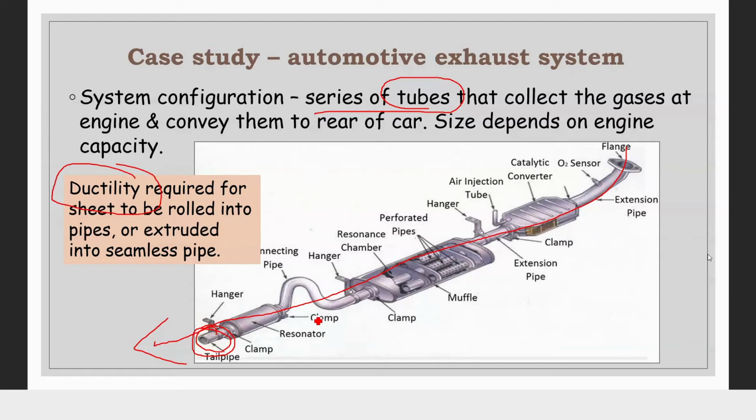Okay. Dan satu lagi limitation adalah kereta adalah in a moving vehicle. So bila moving vehicle, dia akan subjected to fatigue. Okay, sebab dia bergerak kan. So ada beberapa properties yang dia kena ada.